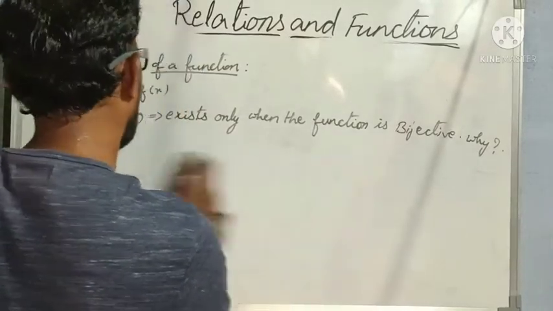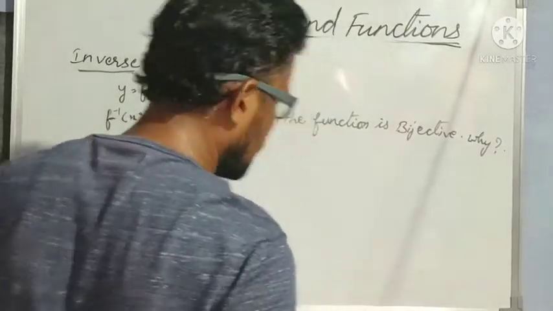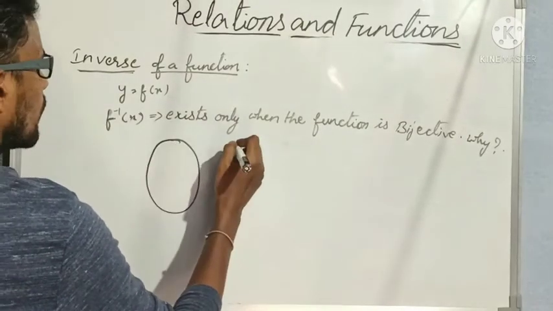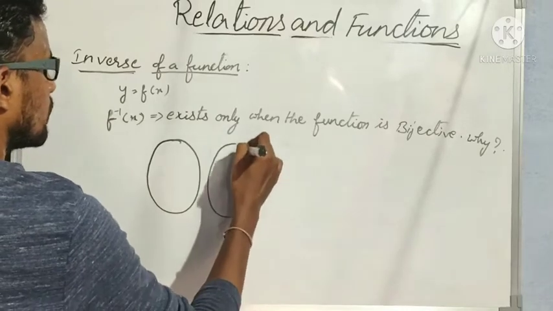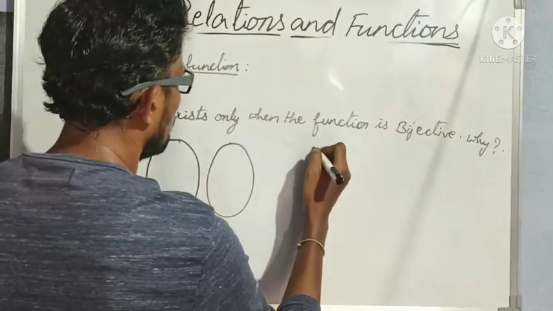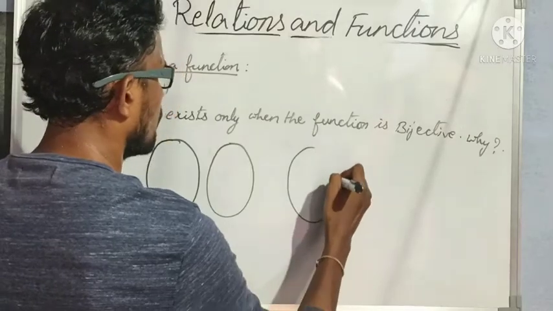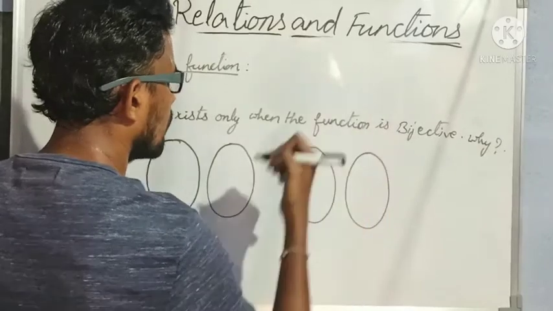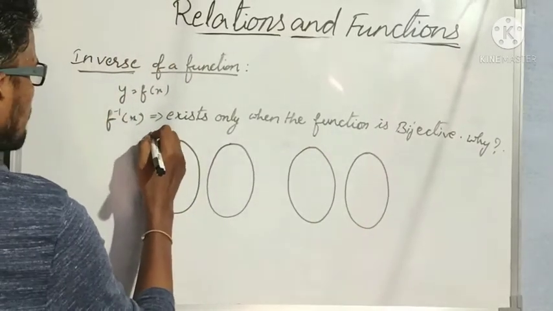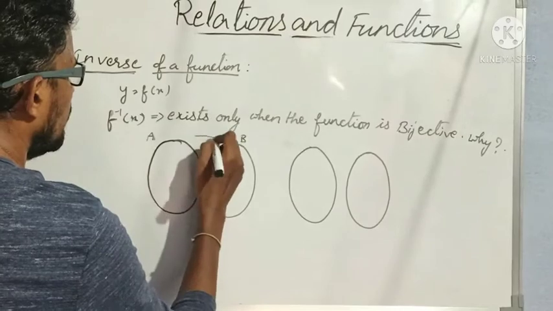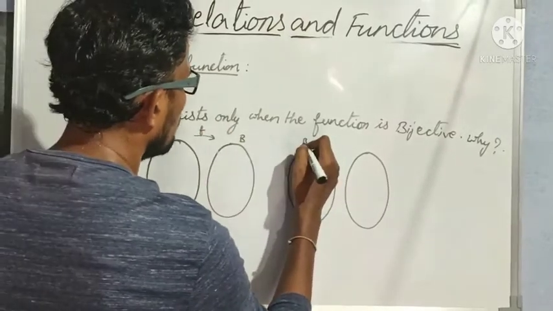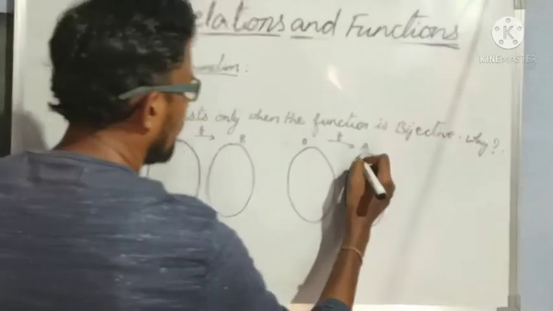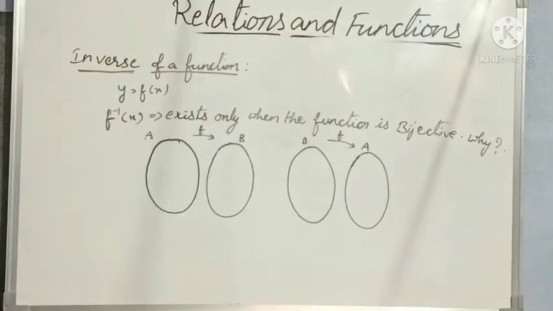So I am taking the same example, A to B, this is a function, and B to A. Okay, let us suppose this is a function. Afterwards we will decide whether it is a function or a relation.